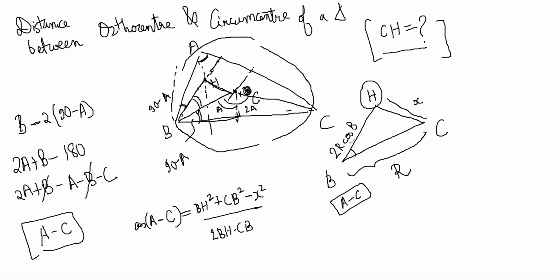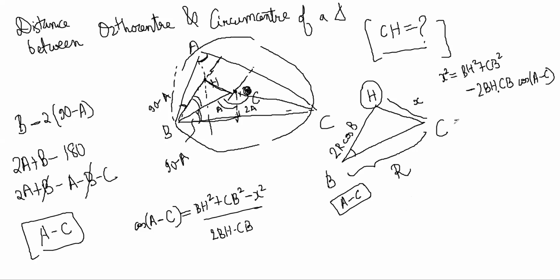And I know everything, BH and CB I know, right? Only X I have to find, right? So this becomes x square is equal to BH square plus CB square minus 2 BH CB cos A minus C, right?